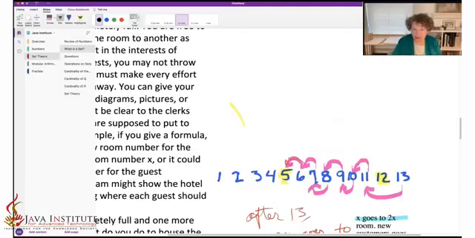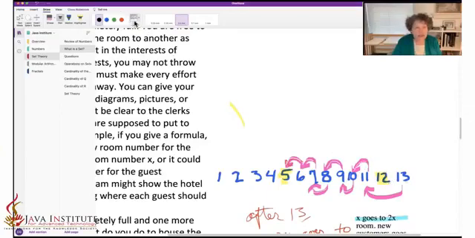So the person in room 6 goes into 5, 7 goes into 6, 8 goes into 7, 9 goes into 8, 10 goes into 9, 11 goes into 10.